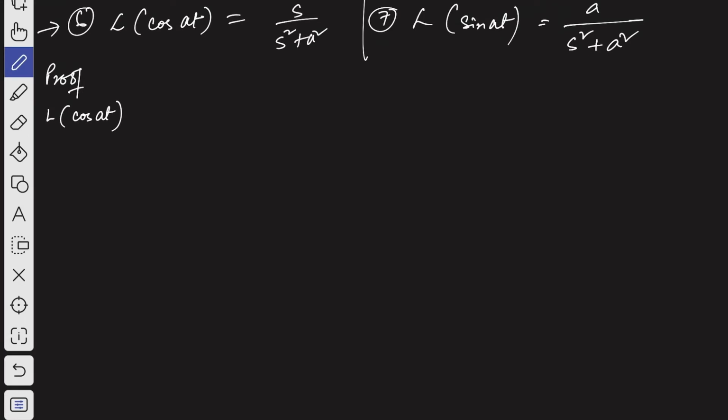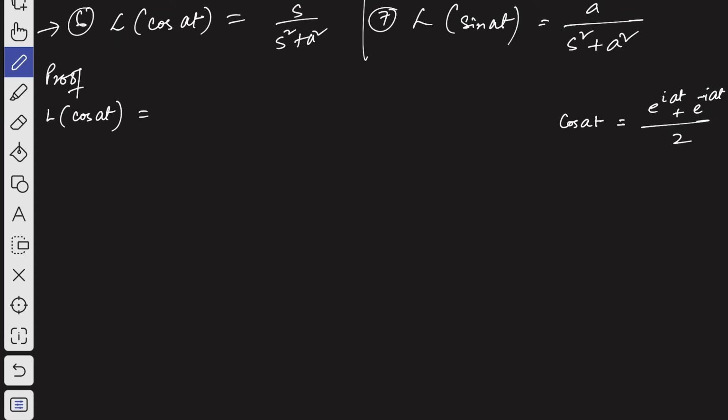So how to prove this? Cos at, remember this one as a formula: e to the power iat plus e to the power minus iat, divided by 2.